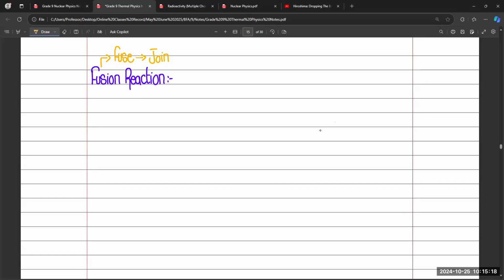Sometimes we get confused because these two names are almost similar, like fission and fusion. We get confused about in which reaction we have to split and in which we have to add. So you can remember it with the help of fusion reaction, because in fusion we are joining nuclei. That's why the fission reaction is for splitting up a heavy nucleus.